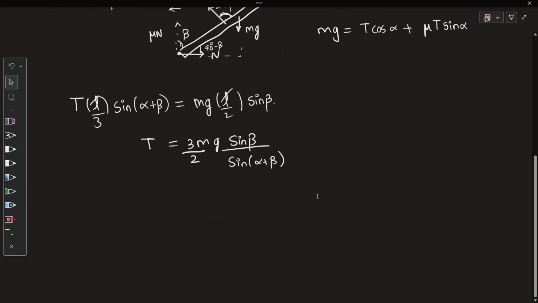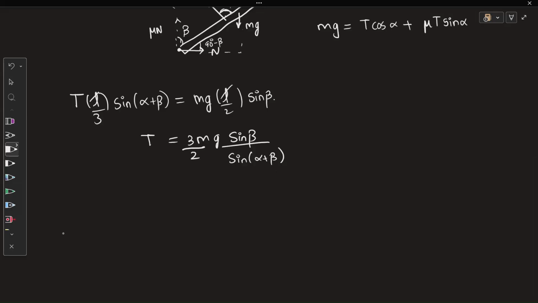Now from this, I'm taking the second equation, mg is equal to T into cos alpha plus mu sin alpha.